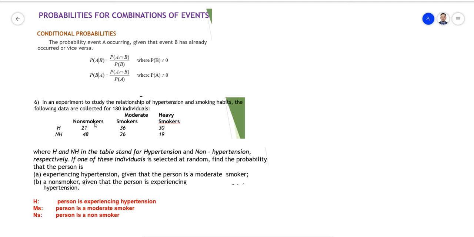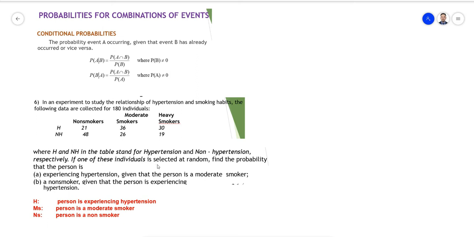And we have the non-smokers, the moderate smokers, and the heavy smokers. H stands for hypertension or hypertensive person, and NH stands for non-hypertension or non-hypertensive person, respectively.